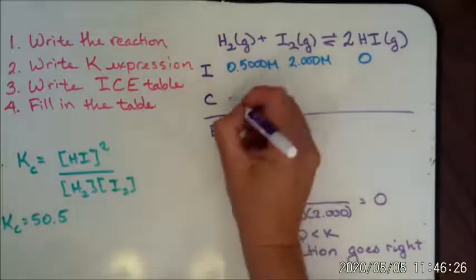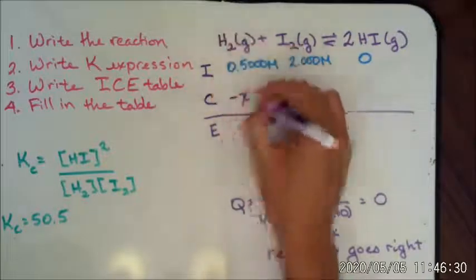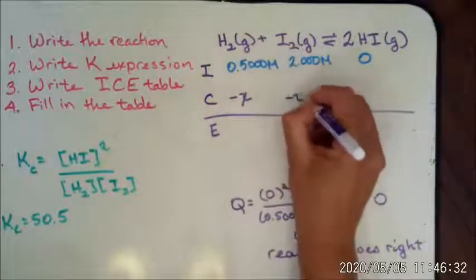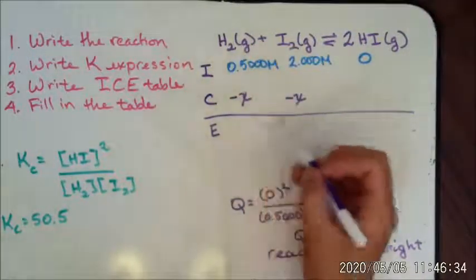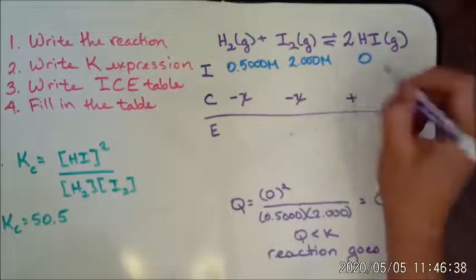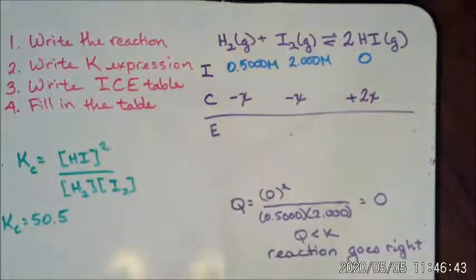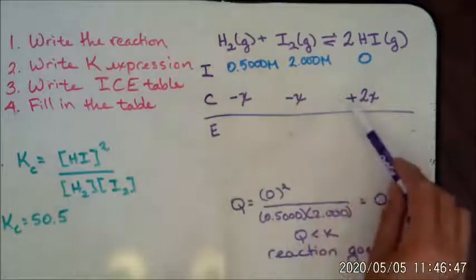So if I lose reactant, my stoichiometry is I'm going to lose some amount of H2, I'm going to lose some amount of I2, and I'm going to gain 2 times that amount. Okay? It's going right, so I'm forming more product.